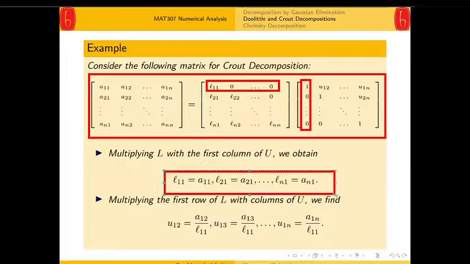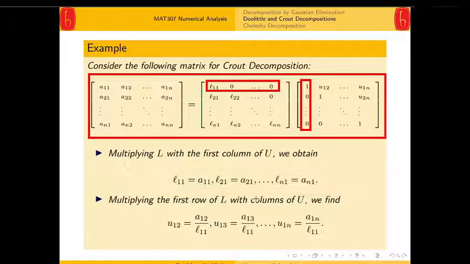So these are our immediate results. We can obtain all of these quantities, and then we can move on and multiply the first row of L with the columns of U.